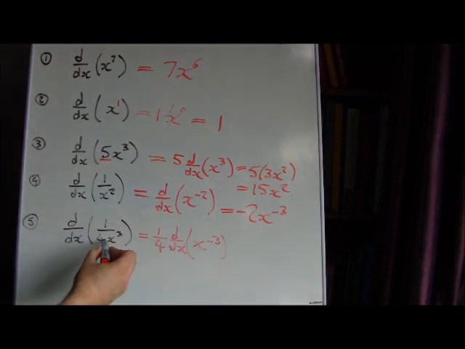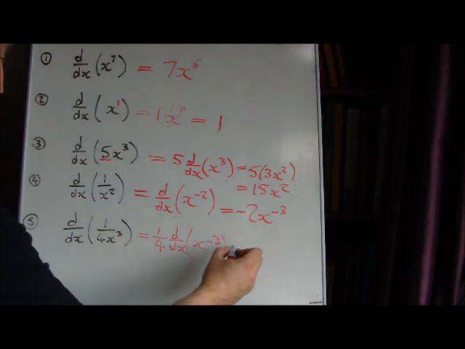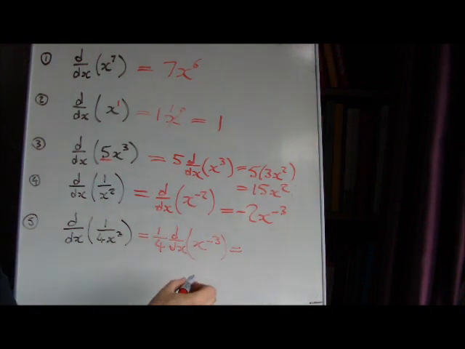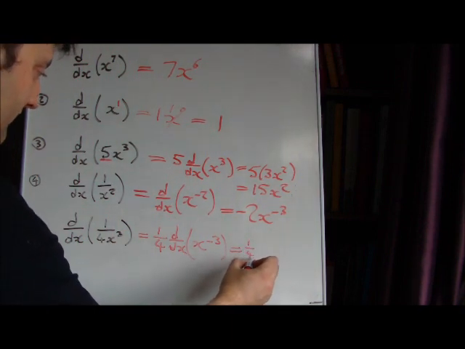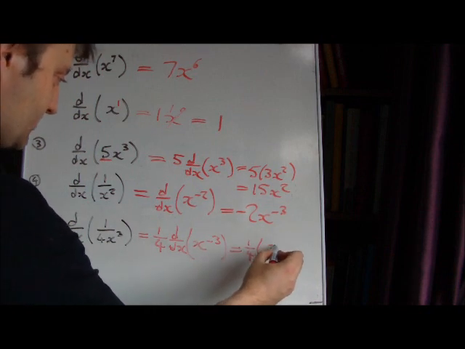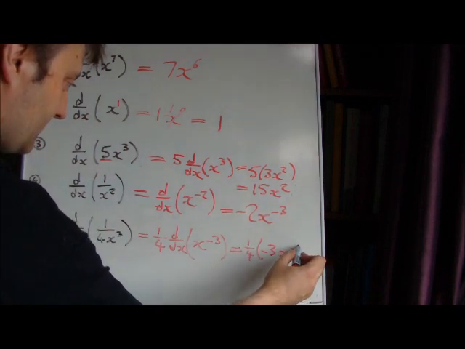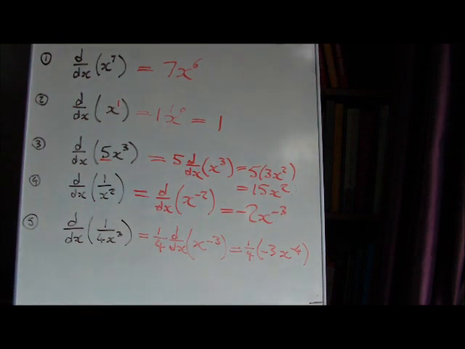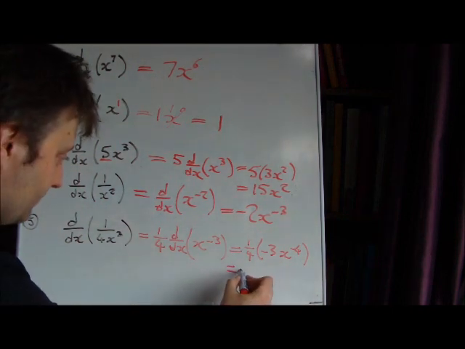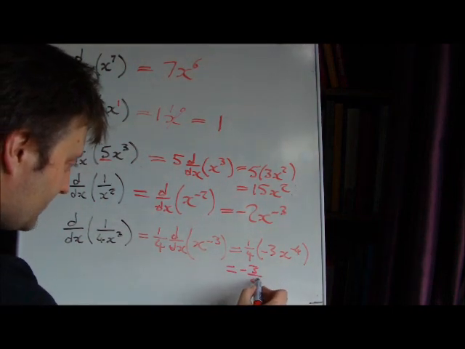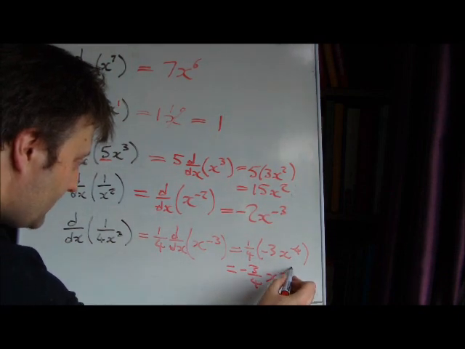So make sure you can see how to get from here to here. Then we just apply the rule as normal, so it's going to be 1/4, it's going to be minus 3x to the minus 4, and you could simplify that a little to give you minus 3/4 x to the power negative 4.